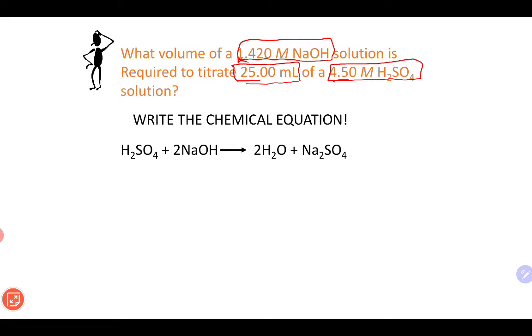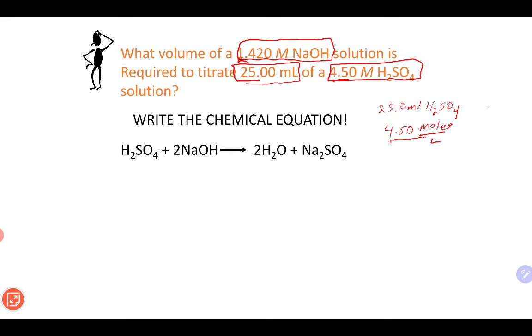Now in this case, if we write down what we know, our known solution now is the H2SO4. So I've got 25 milliliters of H2SO4, and I know that it is 4.50 moles per liter. I'm going to write that as moles per liter instead of molarity, because remember that this is a conversion factor.